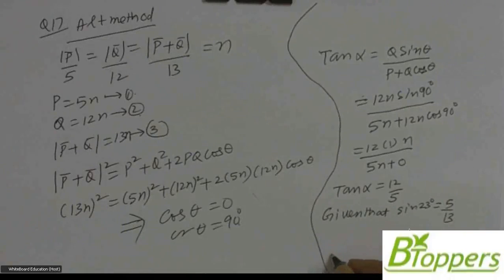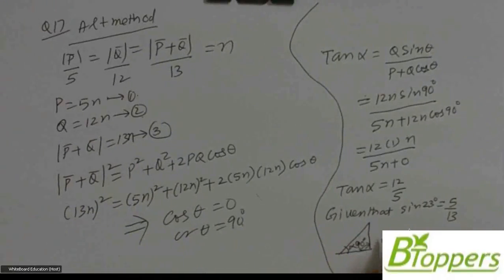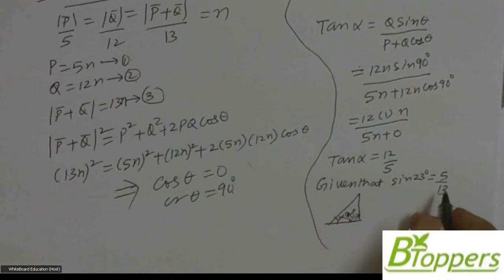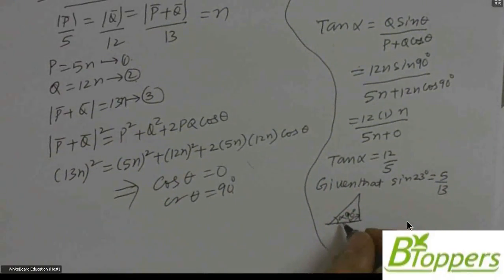So you can draw a right angle triangle separately. Take one of the angles as alpha. Sine 23 degrees is given as 5 by 13. That means this angle is 23 degrees. Otherwise, look at the diagram here on the right side.